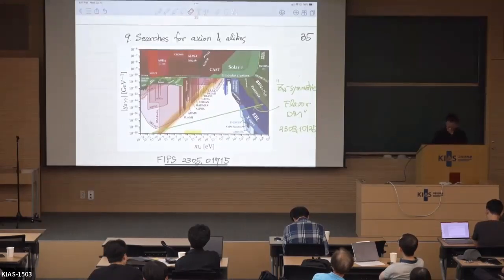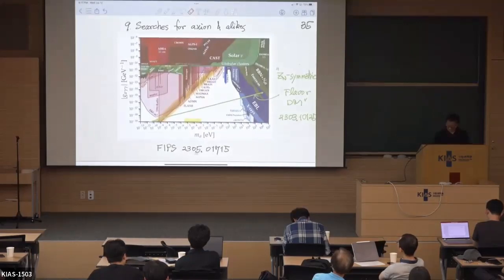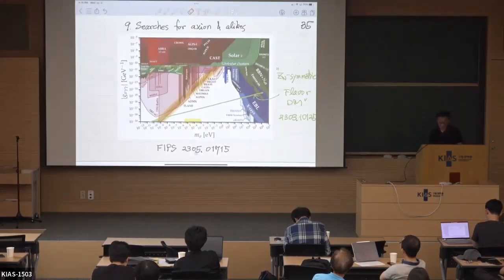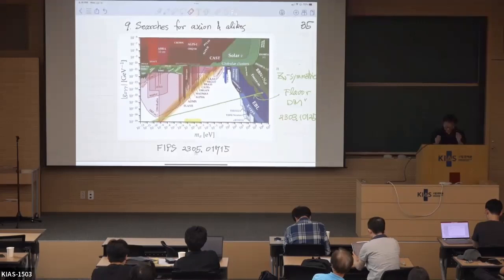So now, in this review article on feebly interacting particles, they update it every year. This is the most recent version, and I took this from the 2023 version. So here basically, globular cluster, solar neutrino.